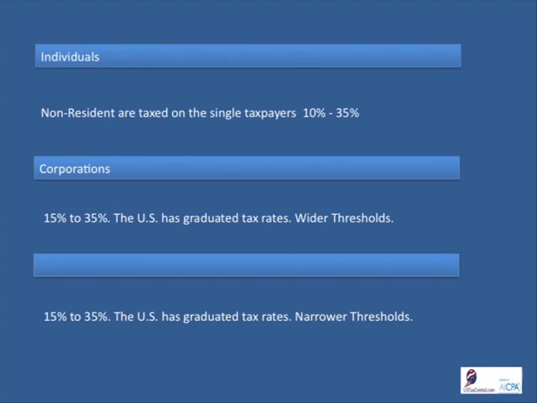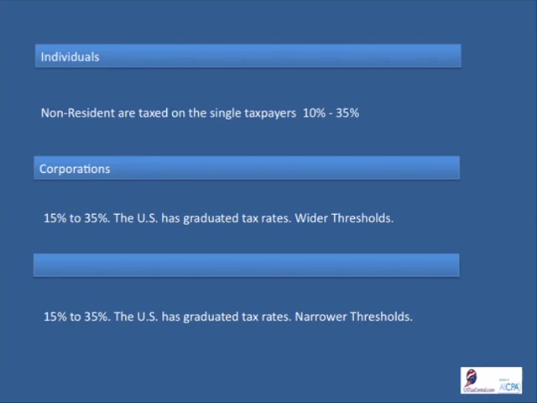And if somebody was to operate out of a corporation, the tax rates range from 15% to 35%, and they have wider thresholds. Sorry for my slide, the blank portion below the corporation tax, I meant to say trusts.